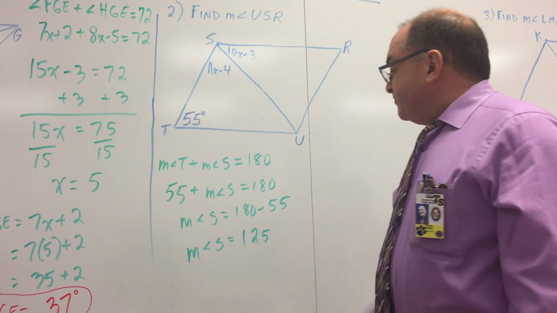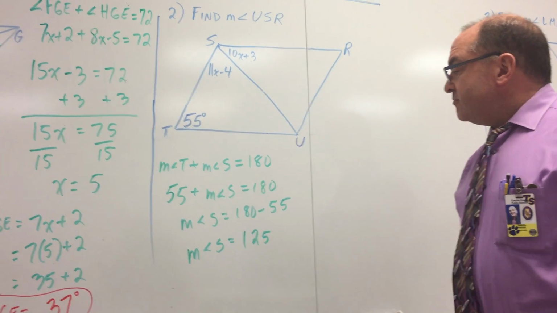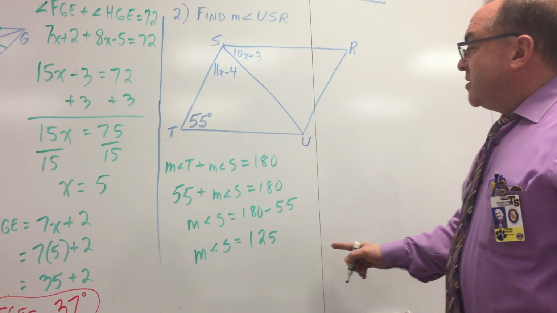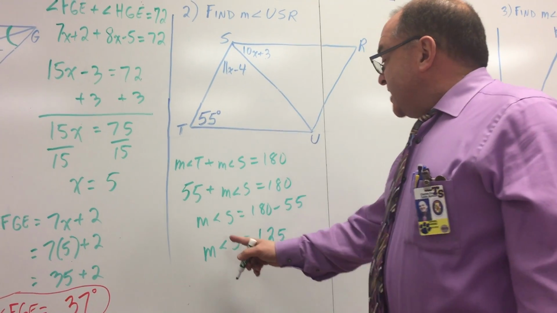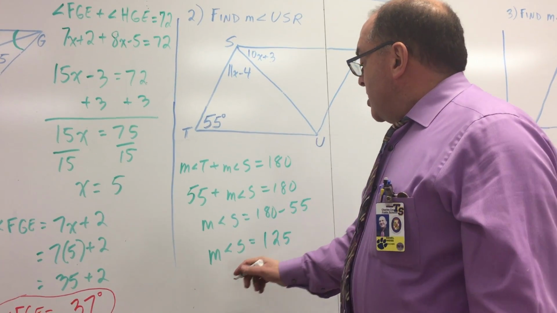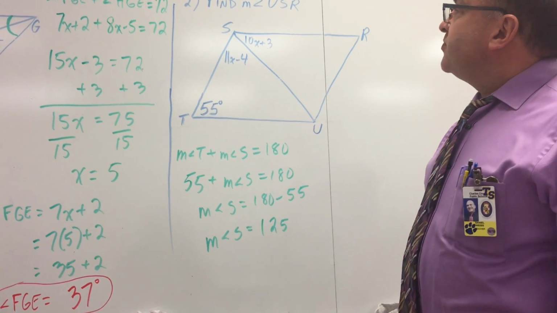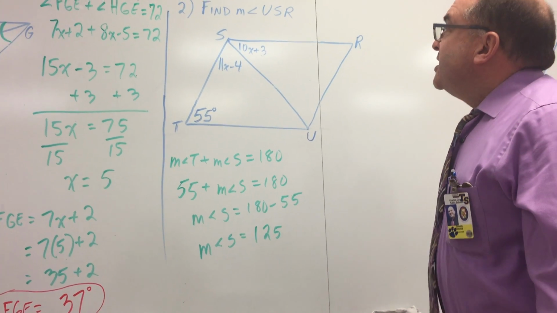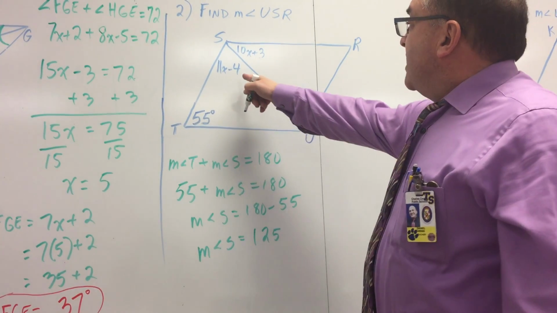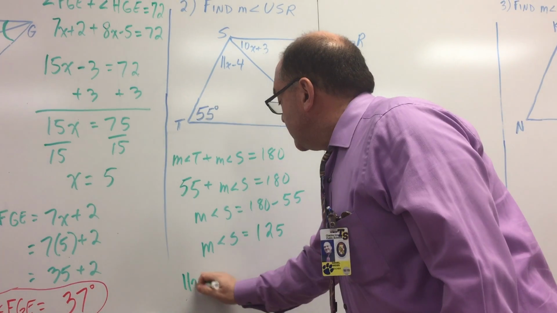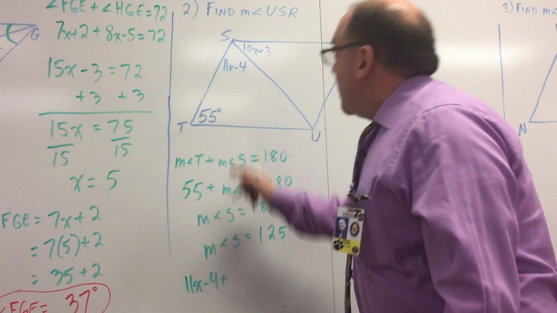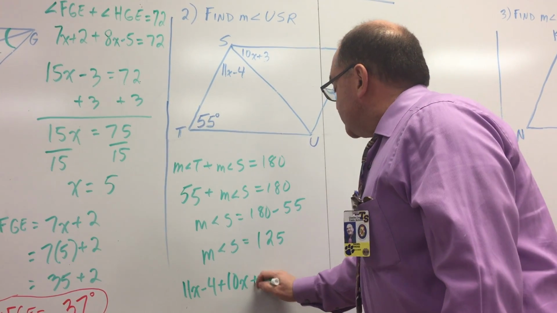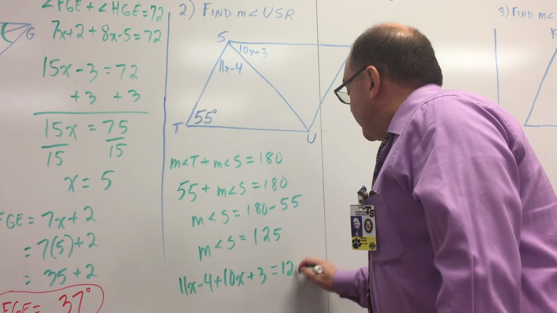125. Okay? All right, so now we're going to say 11x minus 4 plus 10x plus 3 equals 125.